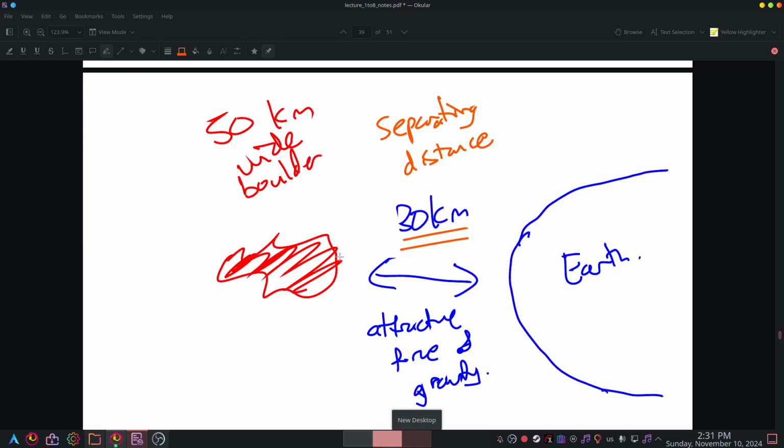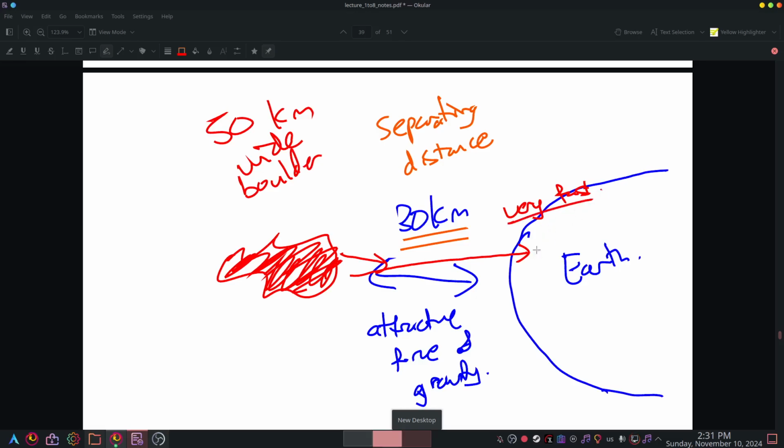What's it going to do? Of course, you can say that this boulder will orbit around Earth, but let's say it doesn't. Let's say there's no orbit and it just starts falling towards the Earth. It will gain more and more speed, and by the time it hits the Earth's surface, it'll be going very fast.